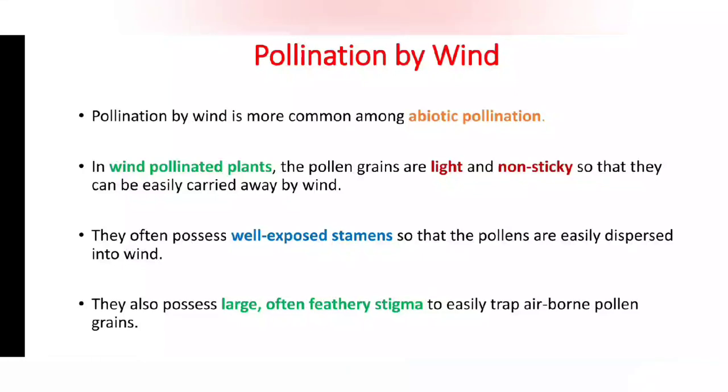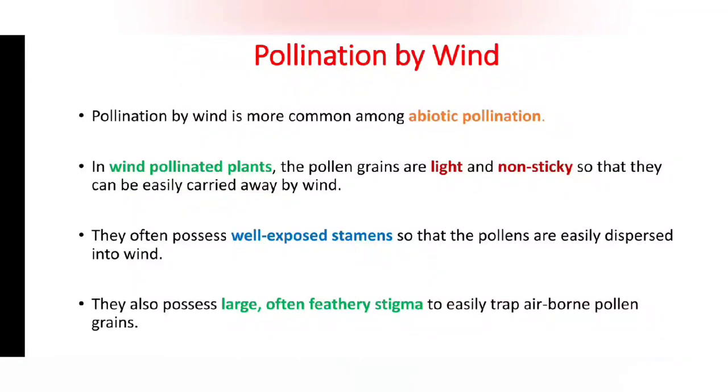They remain very light in weight and also they are not sticky, so that they can easily be carried away by the wind current. They often possess well exposed stamens, so that the pollen is easily dispersed into the wind. That means stamens are well exposed to the wind.